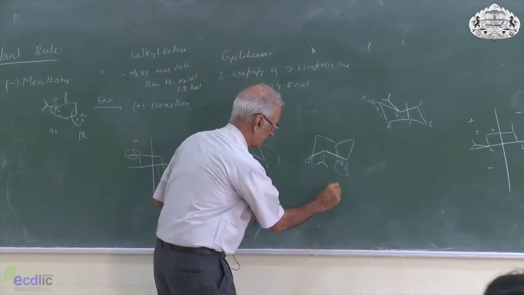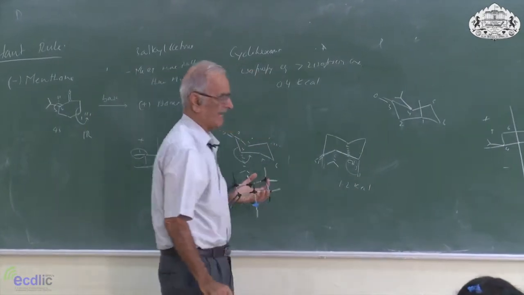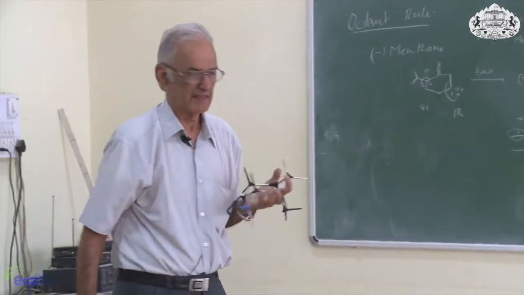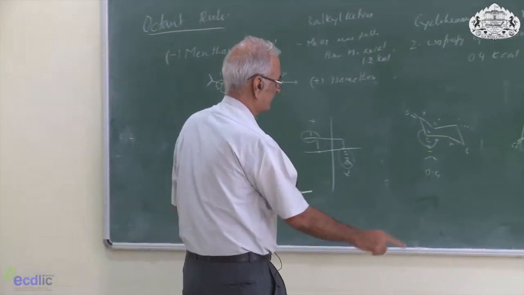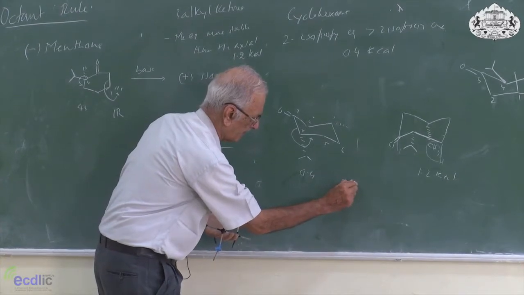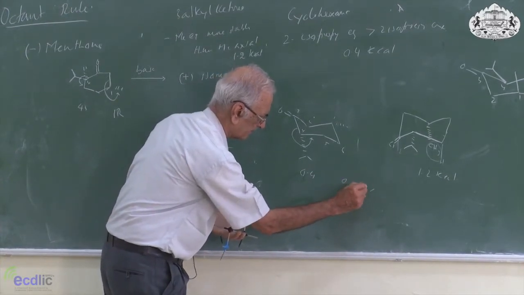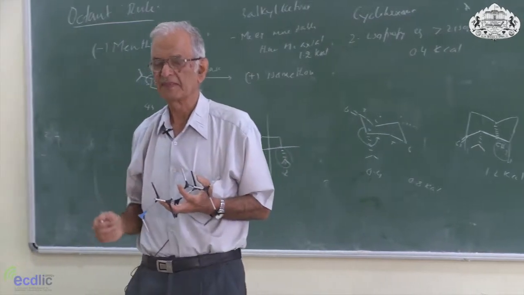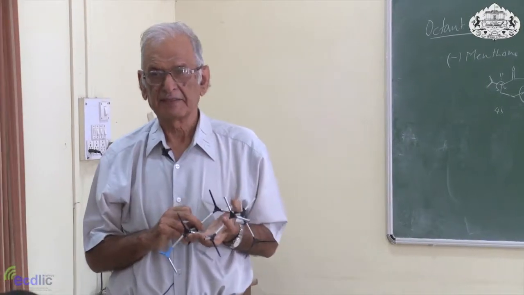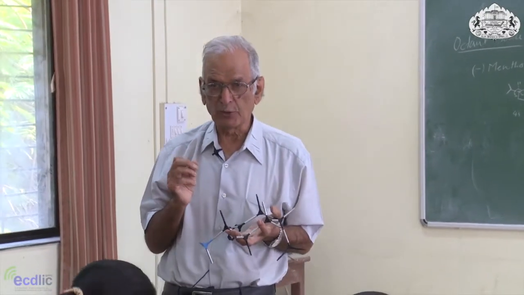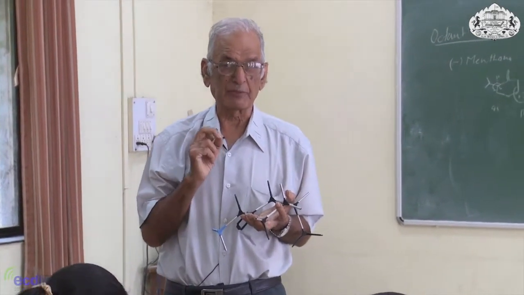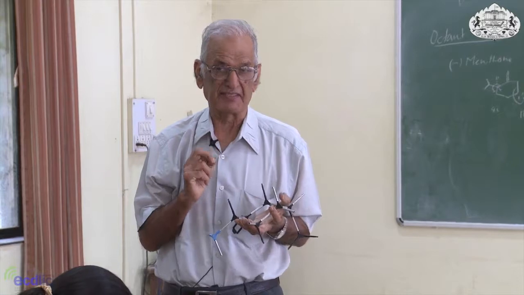So, this has a methyl axial unfavorable interaction of 1.2 kilocalories. Therefore, this conformation is preferred to this by 0.8 kilocalories. So, in fact, from this example we learnt that in a ketone, the difference between equatorial and axial position at the 2 position has reduced considerably.